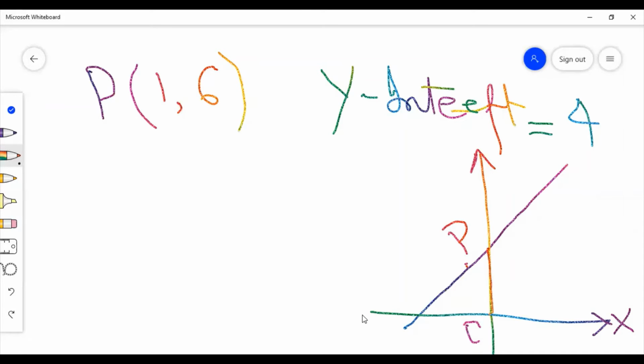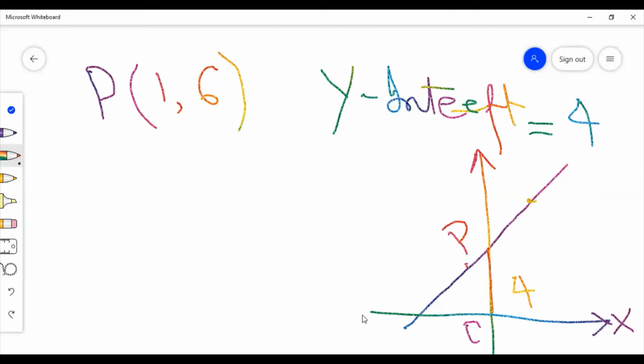So this height is 4. In this way, you will have to find the equation. P is somewhere here, or anywhere. So that is P. Okay. So the choices are given.